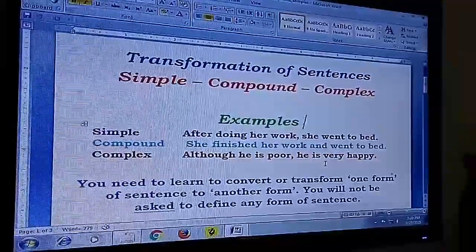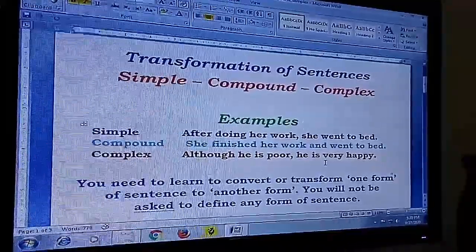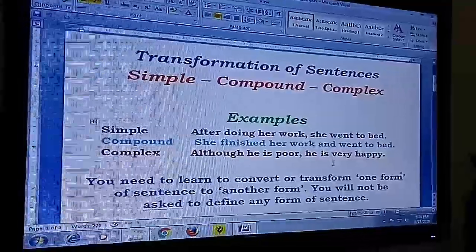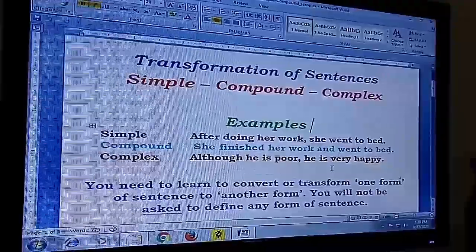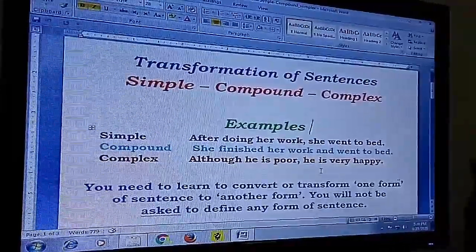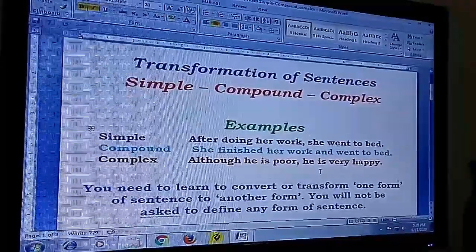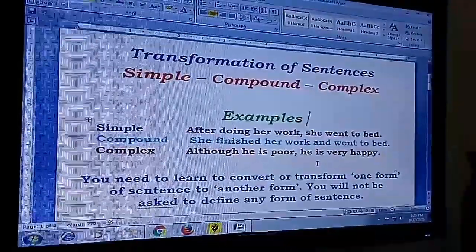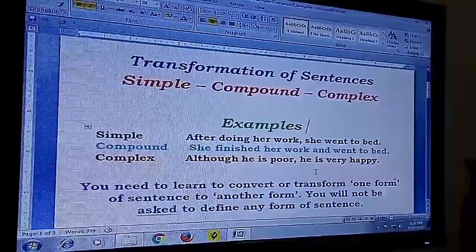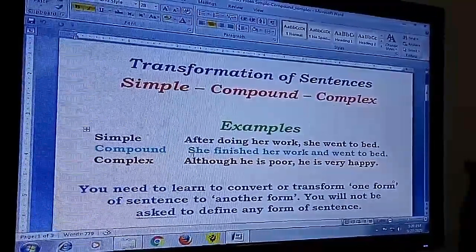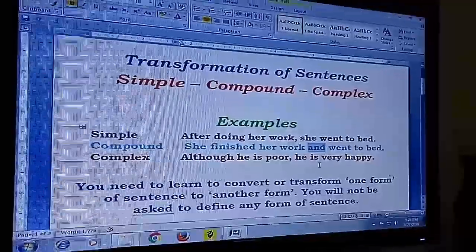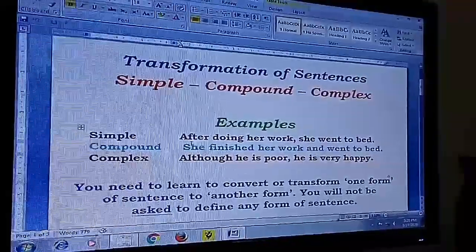Now I remind you, there is a question in our functional grammar, question number 5C, where two separate sentences will be given and you will be asked to join the two sentences without using three words: and, but, so. Now here is the compound sentence: she finished her work and went to bed. This "and" you cannot use, therefore you have to use a different method.